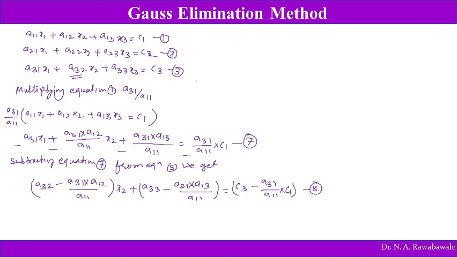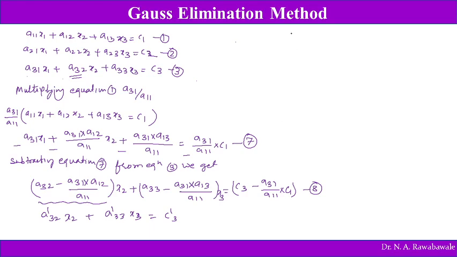So in this equation number 8, we can replace this first bracket as a dash 32 x2. So this bracket is replaced by a dash 32 x2 plus of a dash 33 x3, which is equal to c dash 3.